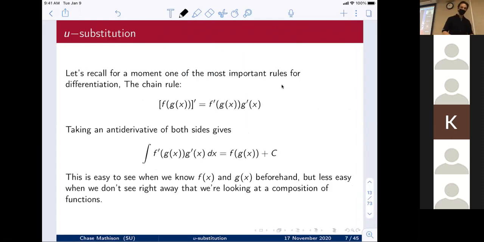It's easy to see that if I'm integrating something that I know beforehand is f prime of g of x times g prime of x, that's definitely f of g of x plus c, the opposite of the chain rule. What's less easy to see is when I'm integrating just some function that it has this exact form. So that's what today's going to be about: recognizing when an integral has this exact form, or at least when it's close enough that I can do a little bit of massaging and make it look like this form.